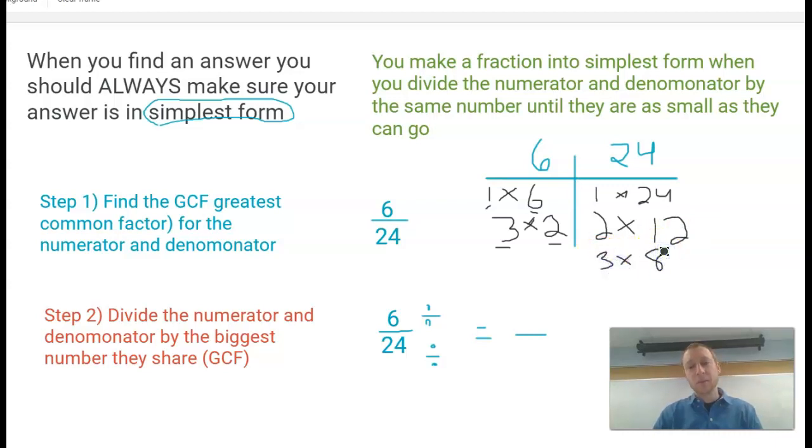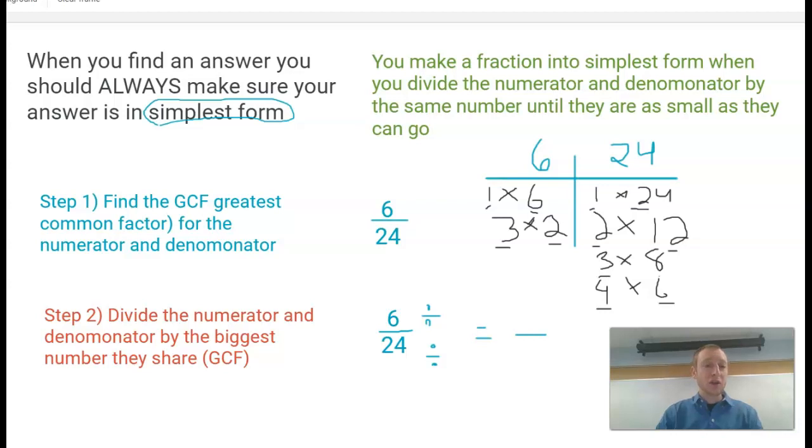Anything else? 4? 4 times 4? No, 4 times 6, right? 4 times 6 is 24. So the factors of 24 are 1, 24, 2, 12, 8, 3, 4, and 6. Okay, so those are all the factors of 24.